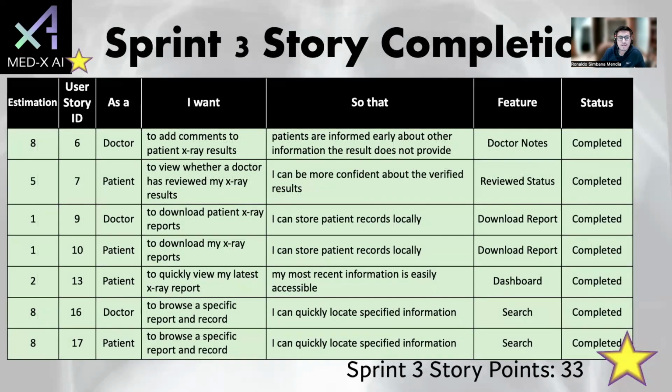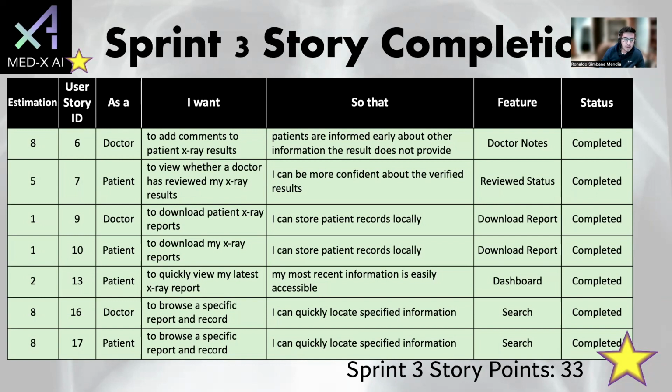Thank you, Marla. Okay, so for the Sprint 3 story completion, as you can see here, we have all of the story points listed for Sprint 3, and all of those were completed as well. There are columns that show the estimation, user story ID, type of user, idea, purpose of that idea, feature, and the status.